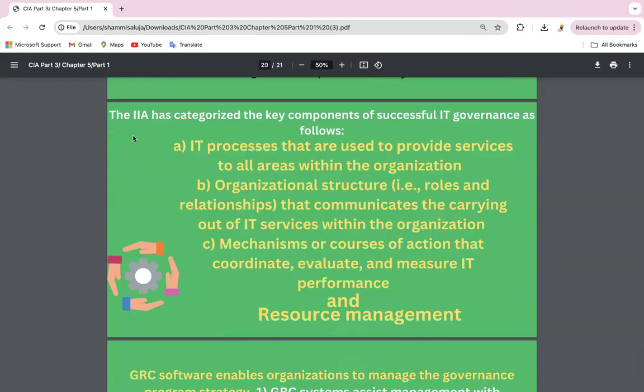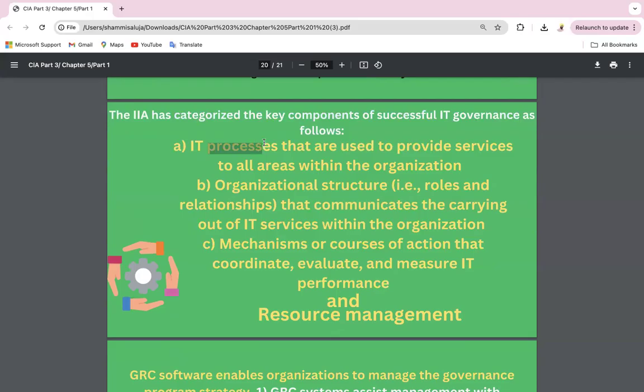Further talking about the Institute of Internal Auditors, it has categorized the important components of IT governance into several parts. The first one is the processes, which actually serve as a base so that in all the areas of the organization, services are rendered. And obviously the hierarchical structure of the organization.